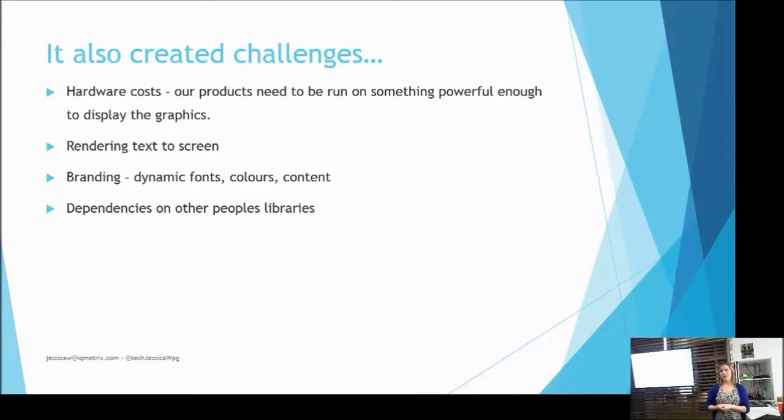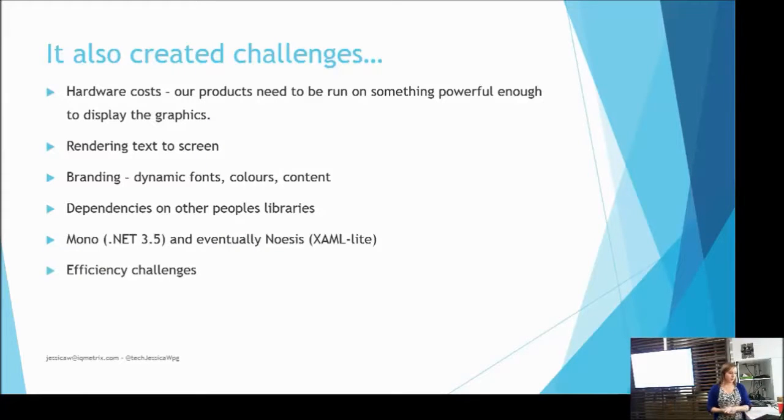Dependencies on other people's libraries is always one. So this is the .NET user. Officially we're using Mono, which is the open source implementation of .NET. But Unity is built on top of Mono 2.6.4, which is an older version, meaning that it only has .NET 3.5, so that's a restriction.